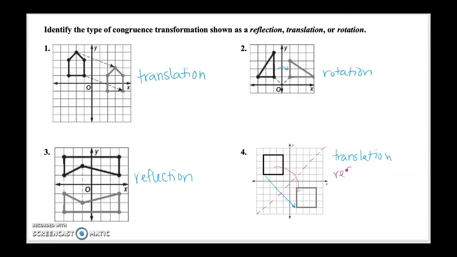So that's also a possibility. But you also could get this by rotating this square. If you were to rotate this square 180 degrees, it would end up over there. So it really could be any one of those, and there's not a way, based on the information we have, to tell which specific one it is. Because again, any of those would give you that image.